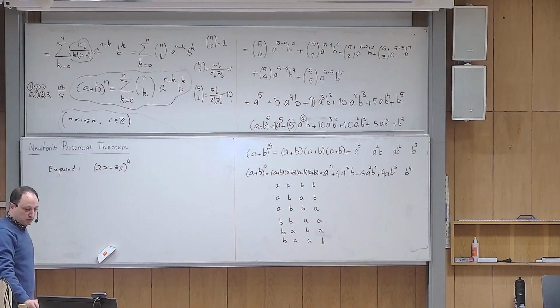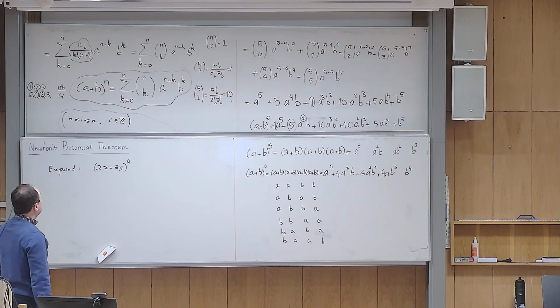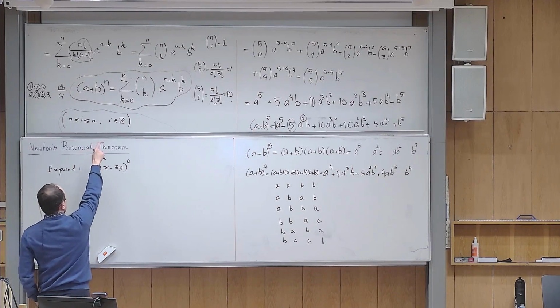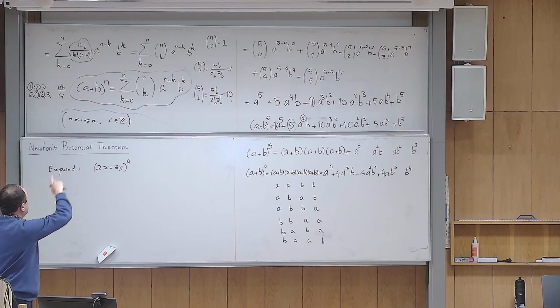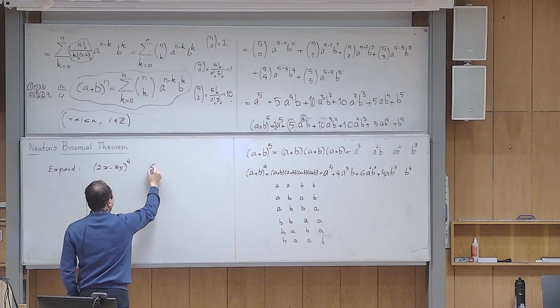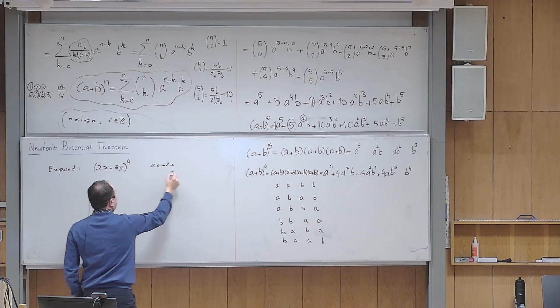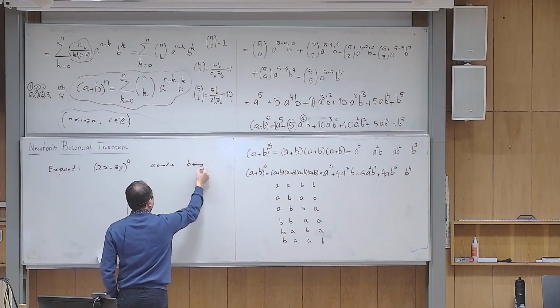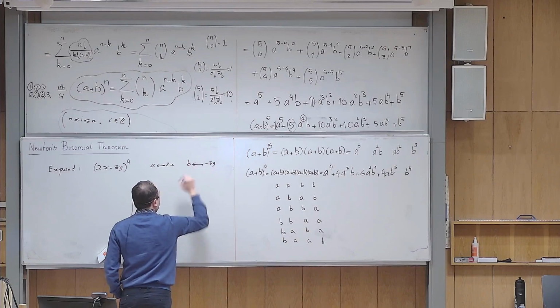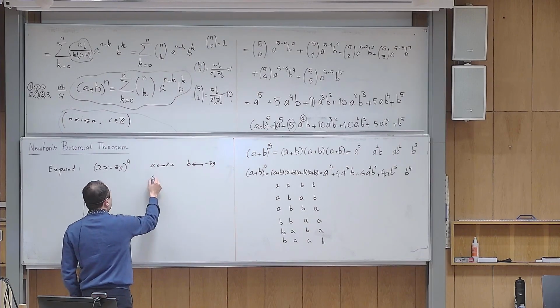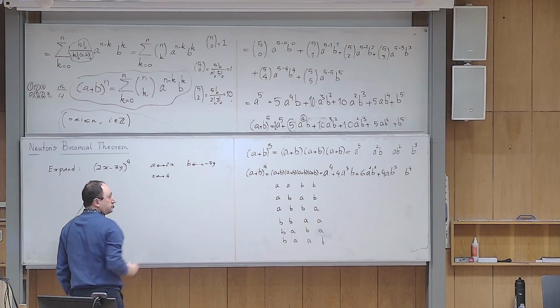Let me use the standard formula which is in your book. Here, I need to give the role of a to 2x, the role of b to minus 3y, it's important, minus 3y, and the role of n to 4.